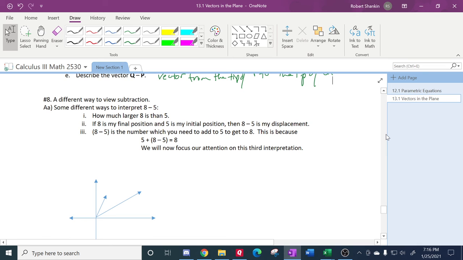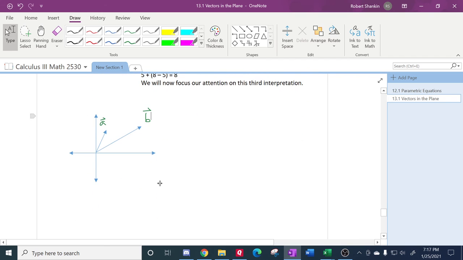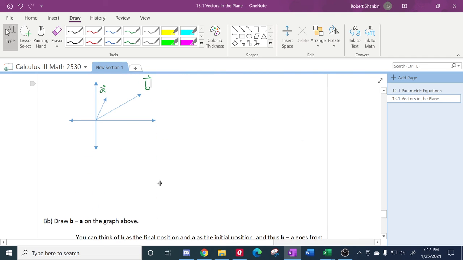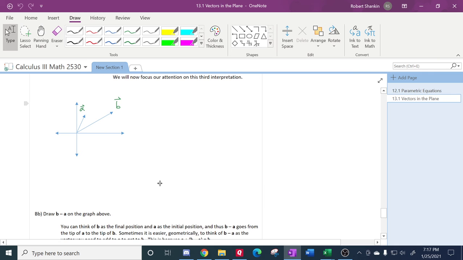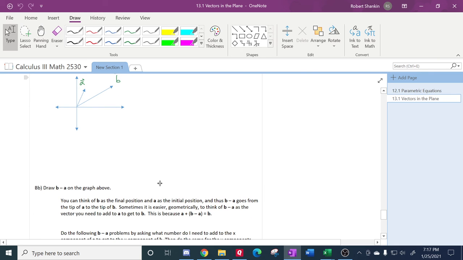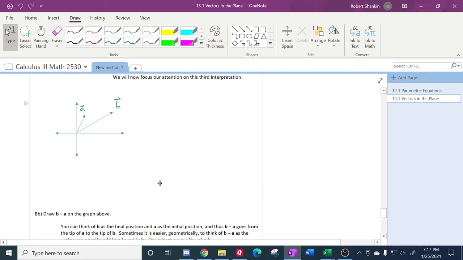So, this third one, we have, if we think of this as vector A, this as vector B, and let me shrink this so you can see it. Draw B minus A on the graph above.